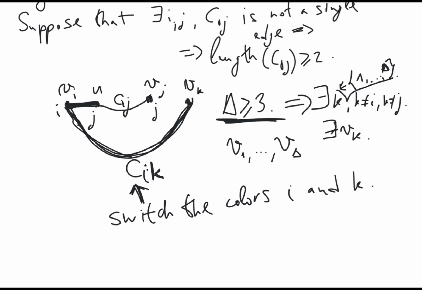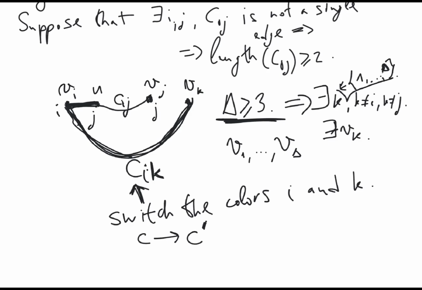Denote the original coloring by C, and this new coloring after switching the colors by C prime. Since it is also a proper coloring, it also has these vertices v1 and so on up to v delta, and it has the path Cij and so on.